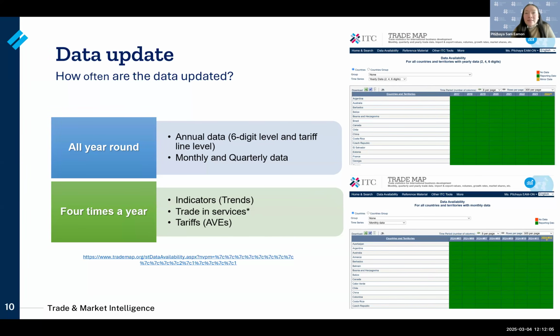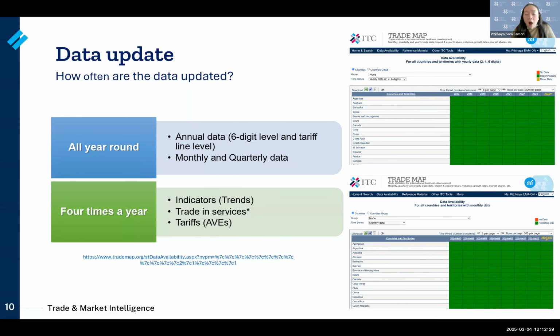All you have to do is select the monthly trade statistics or yearly trade statistics instead of trade indicators. And then around April, May, we will update the trade indicators. During this live demonstration, you will still see TradeMap with the trade indicators from 2023, but that will be changed in the coming months.